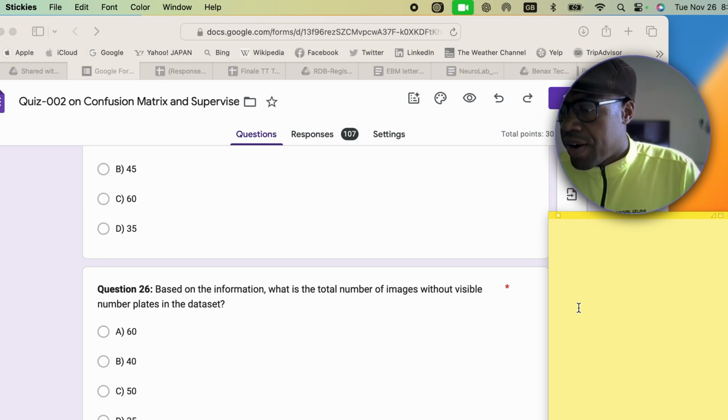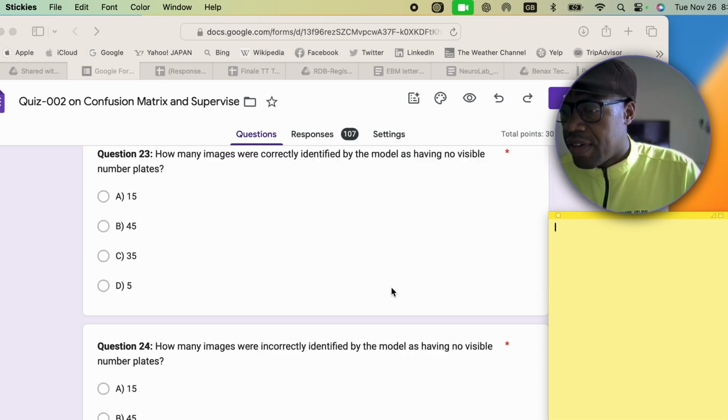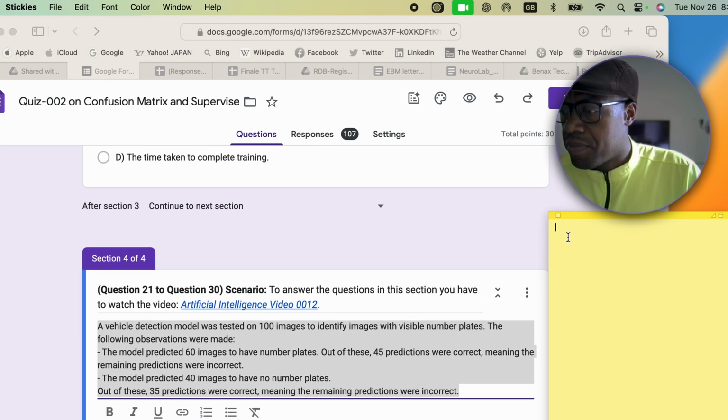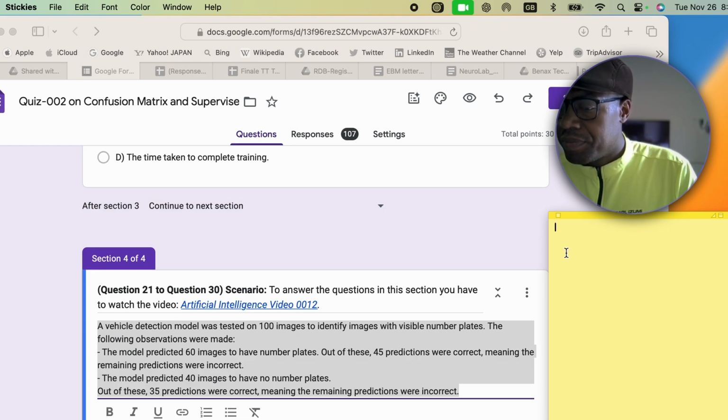Okay, so let's note the information. Total images in the dataset or in the validation set: 100.